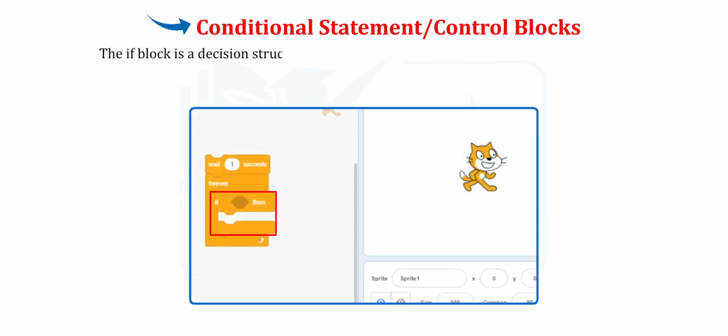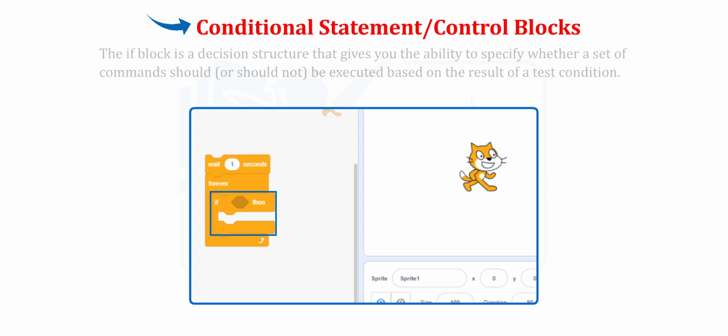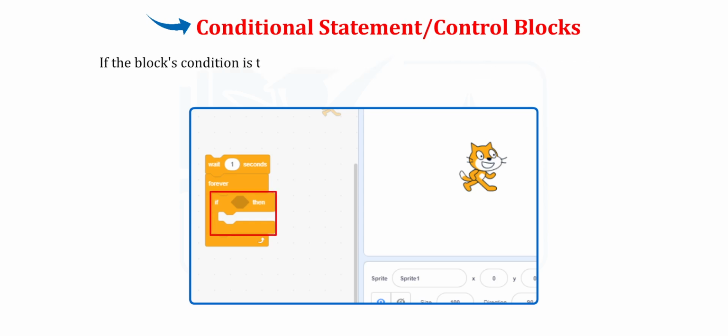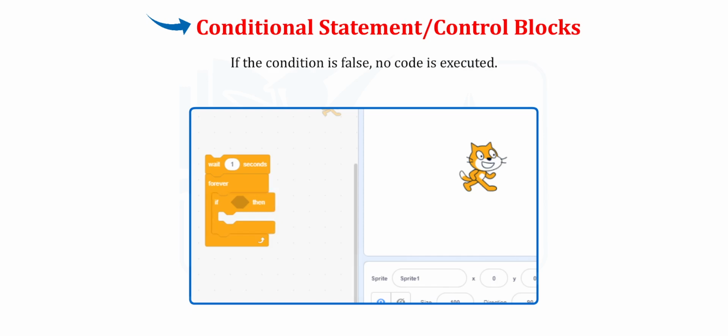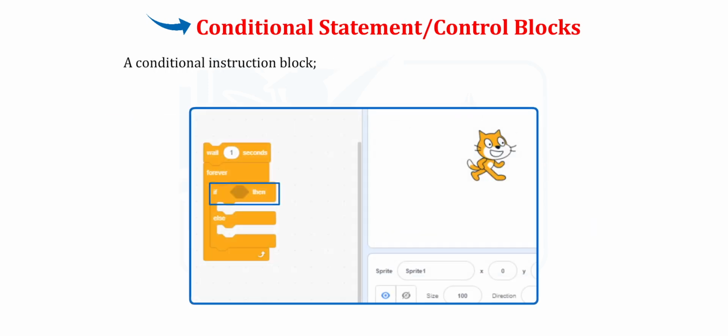The if block is a decision structure that gives you the ability to specify whether a set of commands should or should not be executed based on the result of a test condition. If the block's condition is true, then the code inside the if part of the block is executed. If the condition is false, no code is executed. Example. A conditional instruction block first checks a condition placed between if-then.